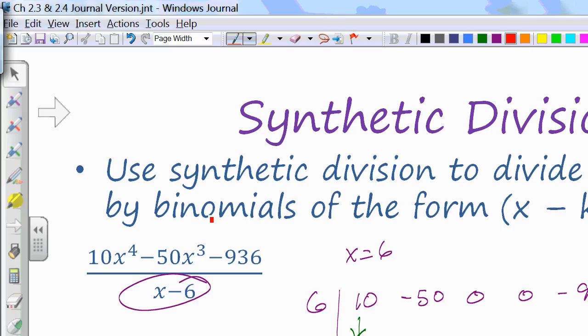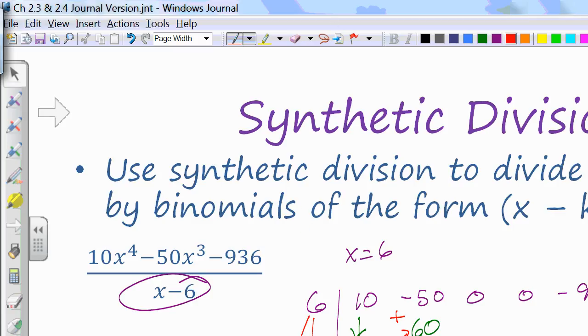We take this 6 times the 10, and that's going to give me 60. I add the 2, and that's going to give me 10.